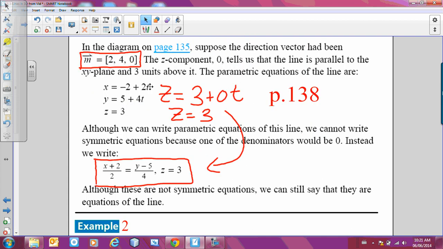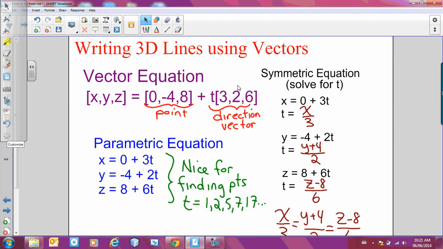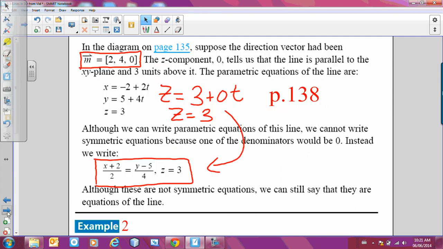Now a couple little things come up, specific things I want to mention. If we had looked at this and had a different direction vector, now this may not be the exact same example, this is out of the textbook, but the point is still the same. So if our direction vector were 2, 4, 0, when we go about writing our parametric equations, we get x equals this.